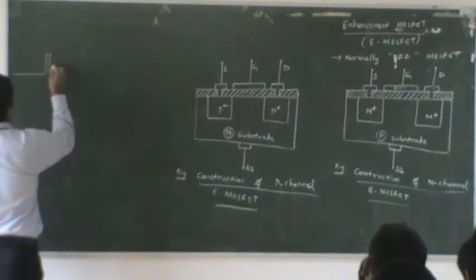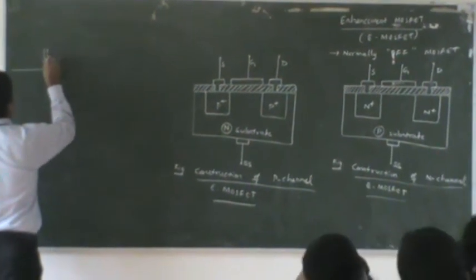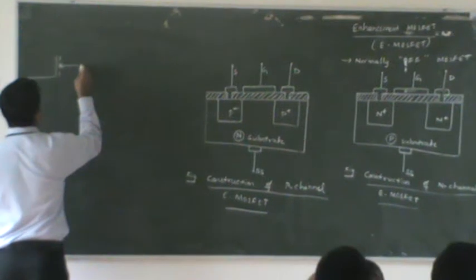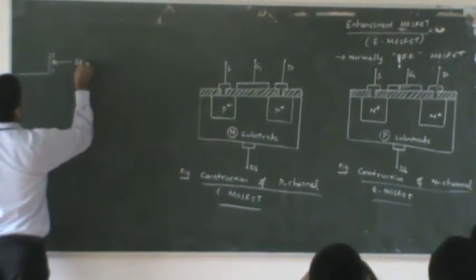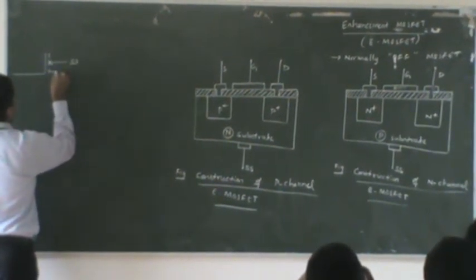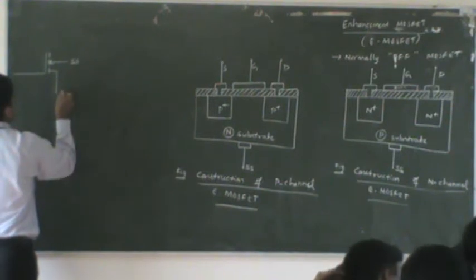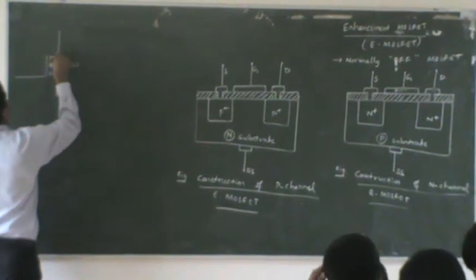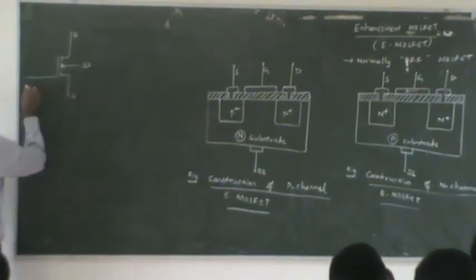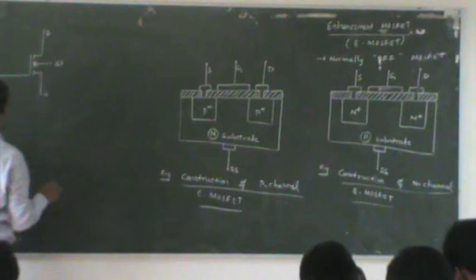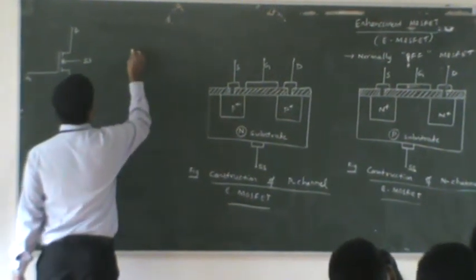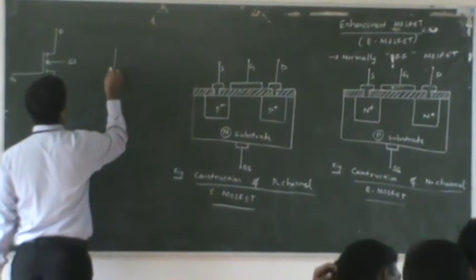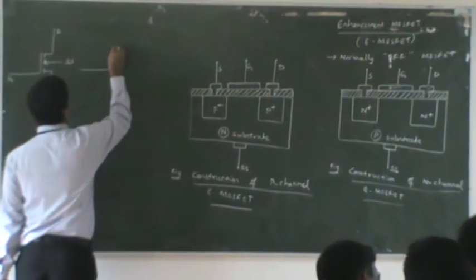We can compare these circuit symbols with those drawn for depletion MOSFET. So this is the circuit symbol for enhancement MOSFET.